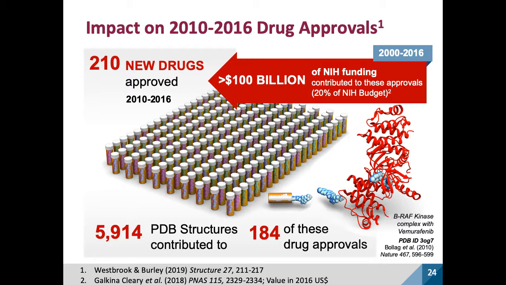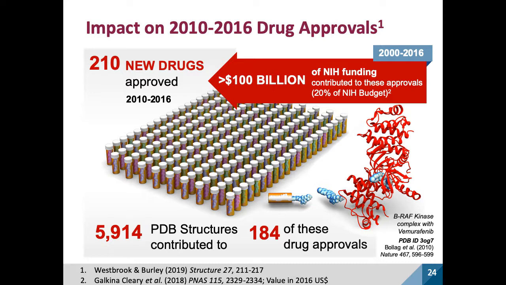We just completed, still unpublished, an analysis of US FDA oncologic drugs approved 2010 through 2018. And I'm pleased to report that in 70% of the cases for the small molecule approvals, those were the product of structure-based drug discovery done at companies.